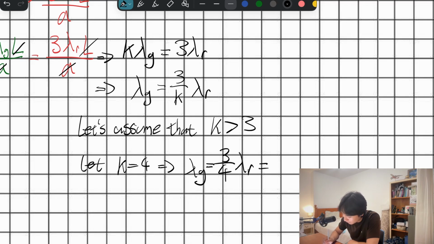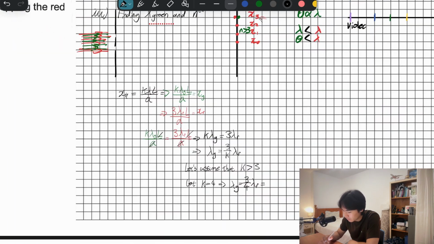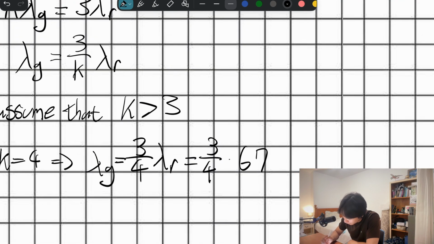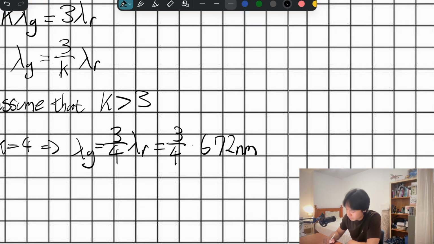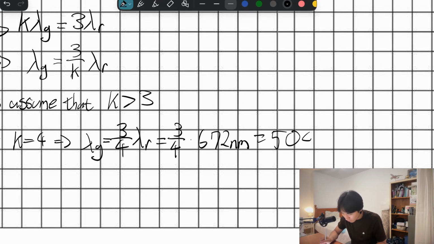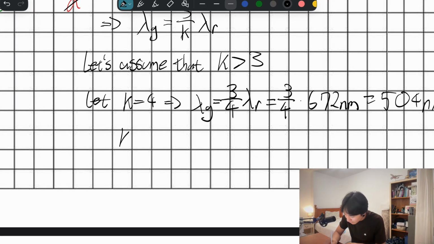And you know that the wavelength of the red light given here is 672 nanometers. So it's going to be 3 over 4 times 672 nanometers. If you punch this into your calculator, 3/4 of 672 must equal 504 nanometers. Technically, k can be 5 as well.